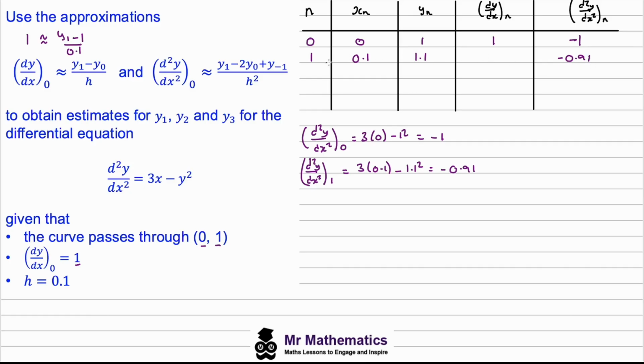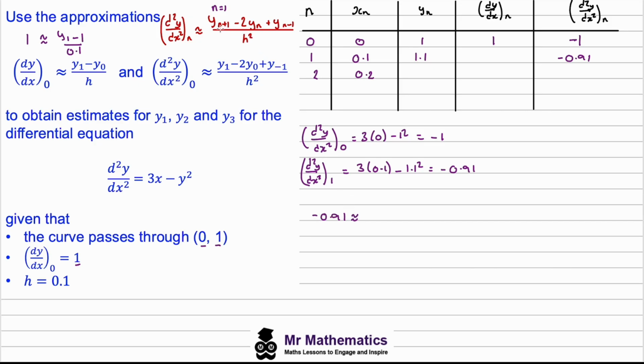Moving on, when n is 2, we know x will now be 0.2. And then to work out y2, we need to use our iteration formula. If we make this term y2, then the n value must be 1, for 1 plus 1 would make the 2. So we're looking at the second derivative when n is 1. We just worked this out as negative 0.91.